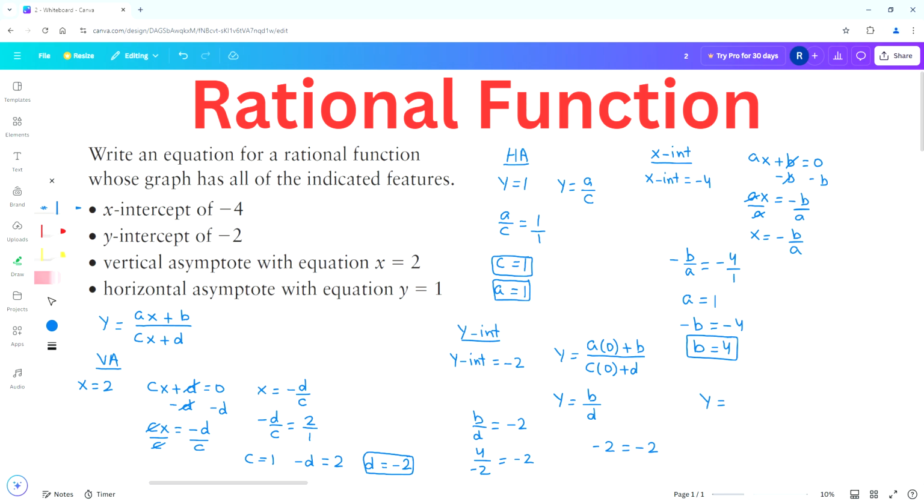A is equal to 1, so we can ignore it. C is equal to 1, so we can ignore it. This is the equation of this rational function. So these are the steps you have to keep in mind to solve a problem like this one.